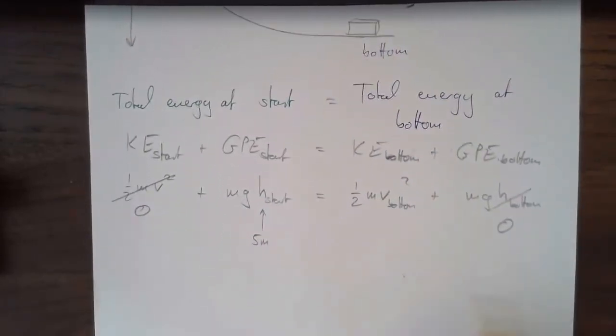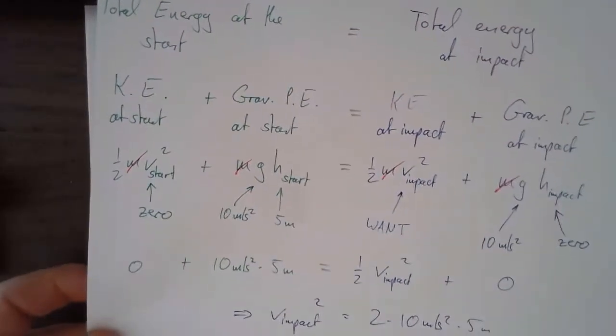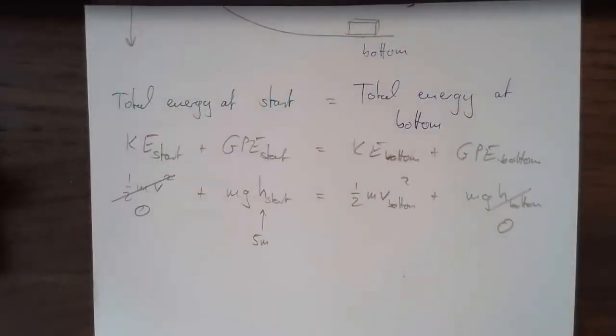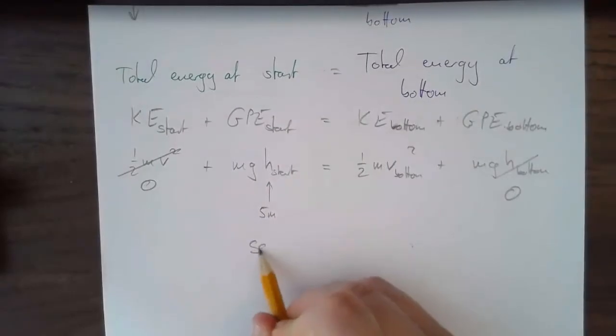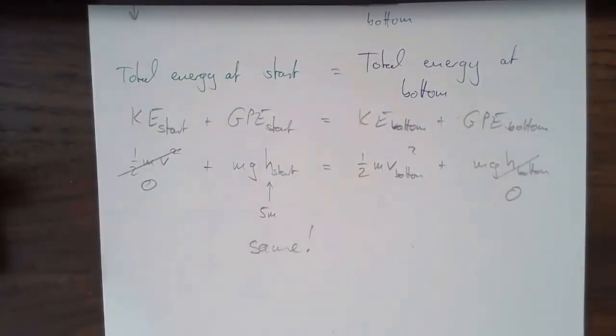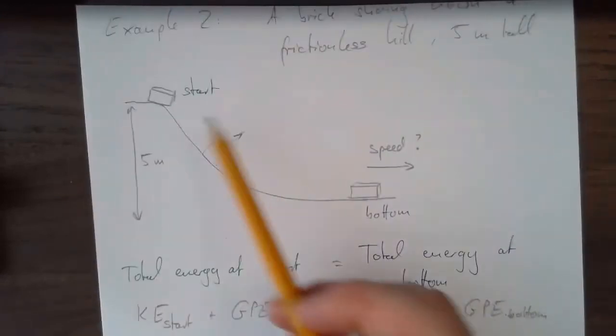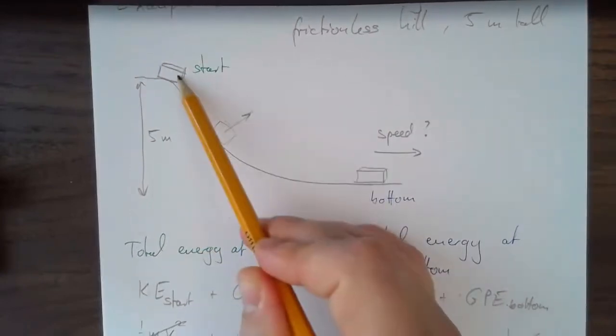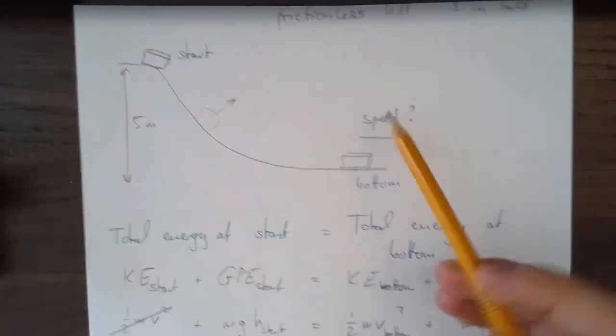So now you notice, wait a minute, that calculation looks exactly like what we had there. If you compare it piece by piece, it's exactly the same expression. It doesn't matter whether the object is going straight down, falling, or whether it's sliding down a hill, assuming there's no friction.